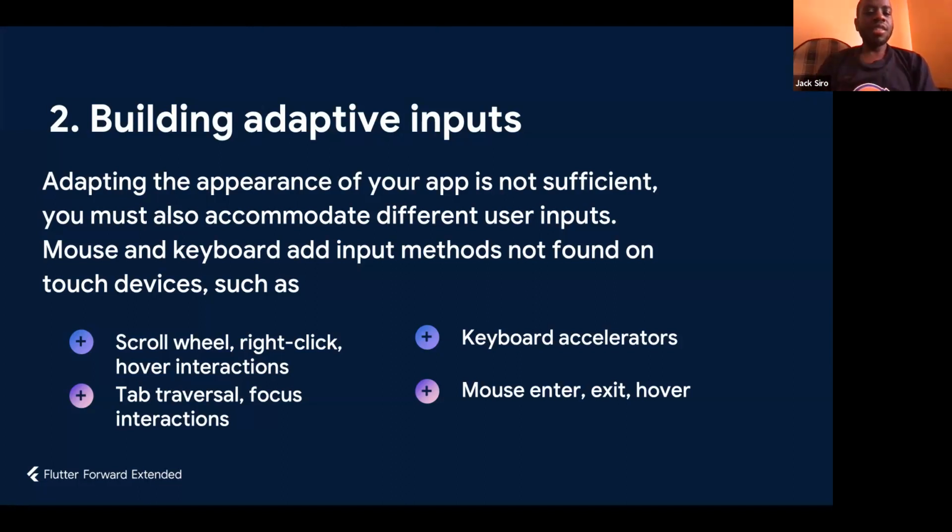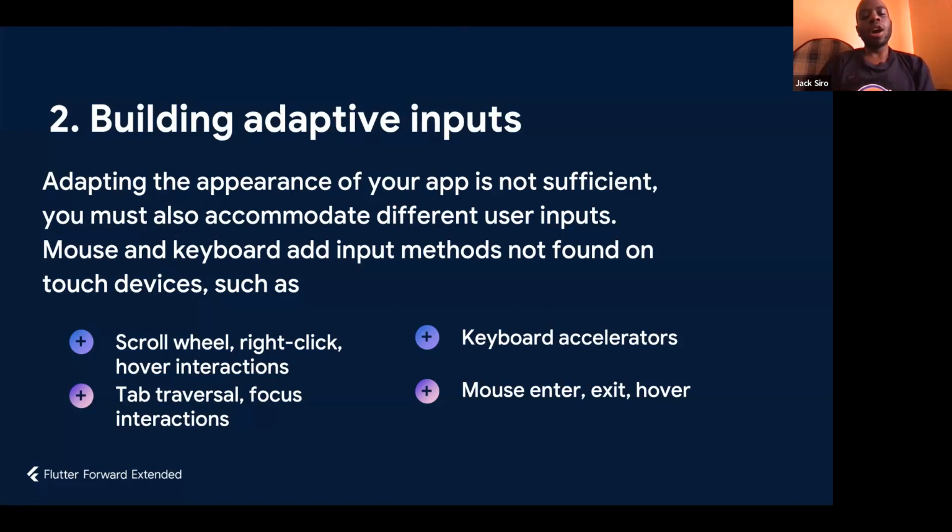Then there is the tab traversal and focus interaction. Normally we use them for forms. When we have user input, we can use tabs to navigate. We can also use them if you have developed an app that is for helping disabled people, especially hearing impaired people.